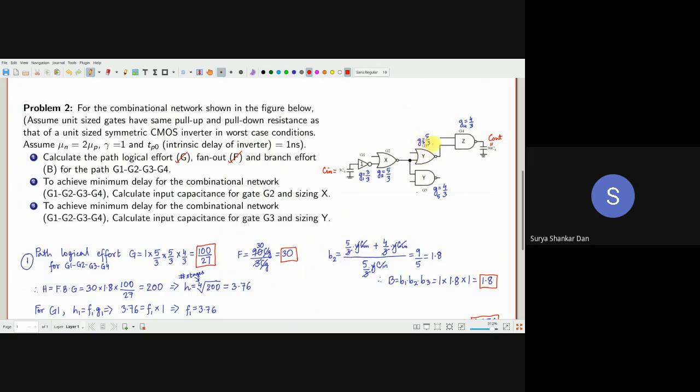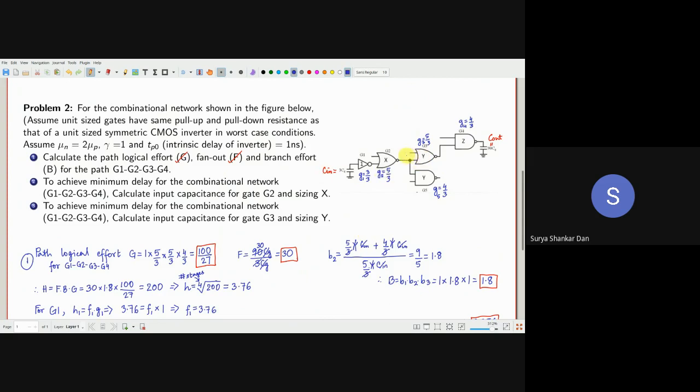Okay. So what is the B2 here? Notice the logical effort 5 by 3 into the sizing of input capacitance of this particular stage. What is that? That size is Y. I should actually put it capital Y. Into C in.